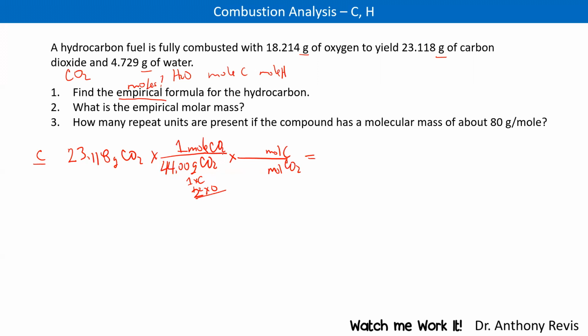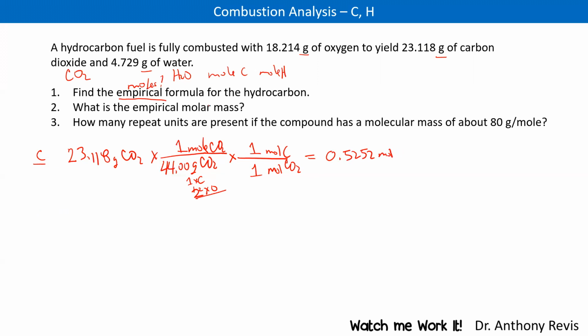Here we now have a mole-to-mole ratio of moles of carbon dioxide to moles of carbon. For every 1 mole of carbon dioxide, we have 1 mole of carbon. So we take these values and push them through our calculator. For the moles of carbon, we have 0.5252 moles.